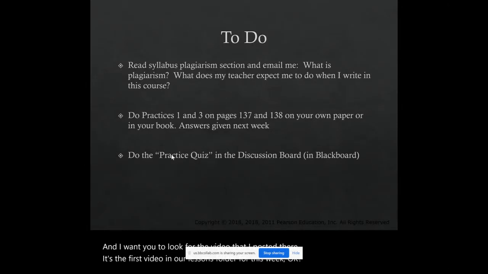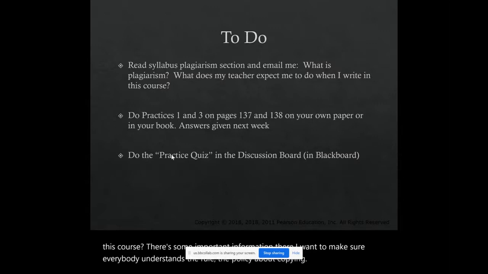And so you need to email me. And Gerardo, I already saw you emailed me, so thank you. Okay, what is plagiarism and what does my teacher expect me to do when I write in this course. There's some important information. I want to make sure everybody understands the rule, the policy about copying.